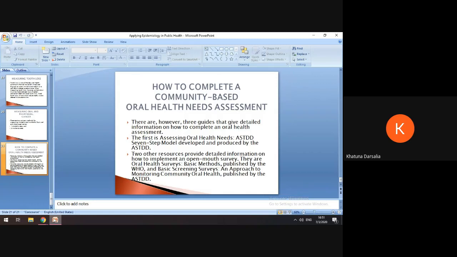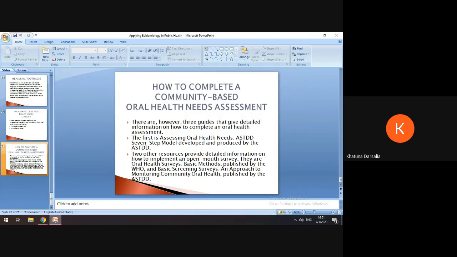There are, however, three guides that give detailed information on how to complete an oral health assessment. The first is Assessing Oral Health Needs: ASTDD Seven-Step Model.